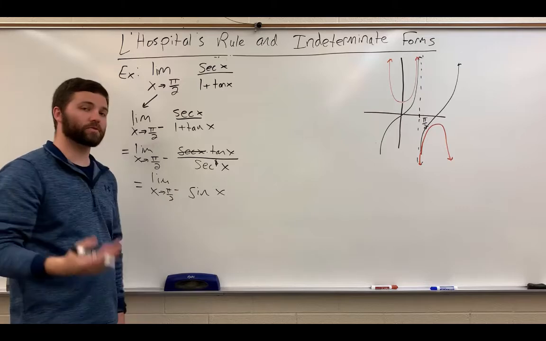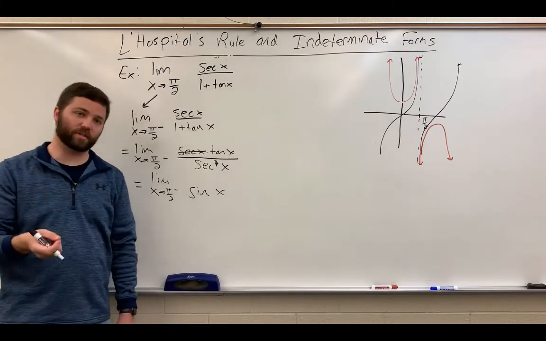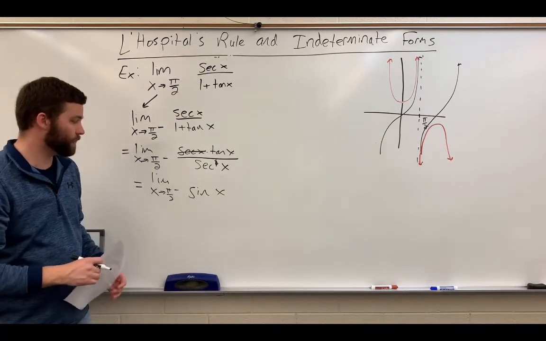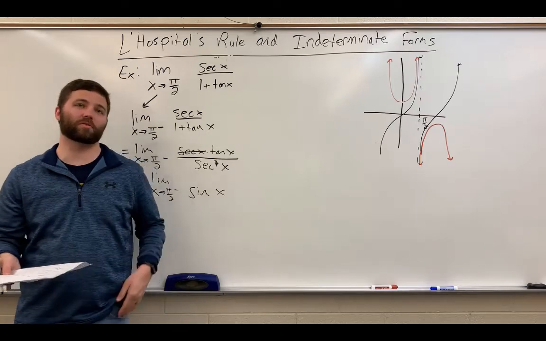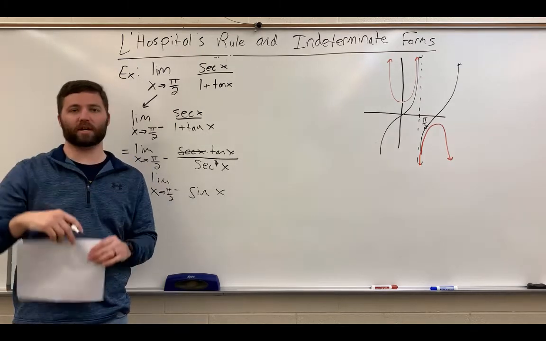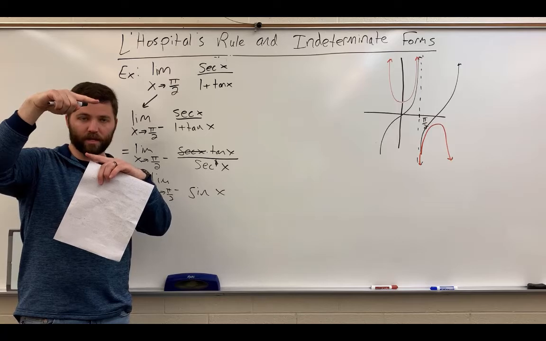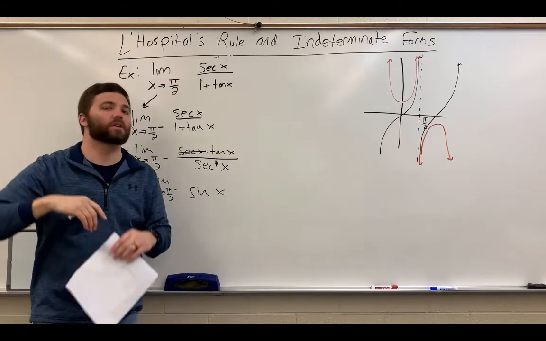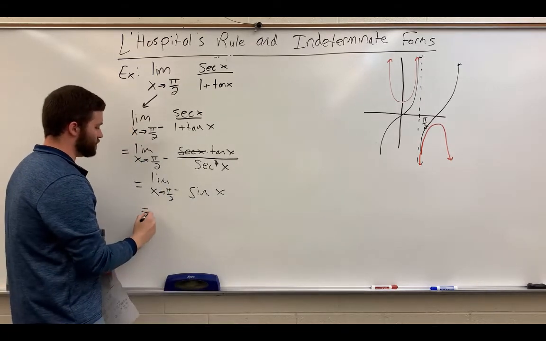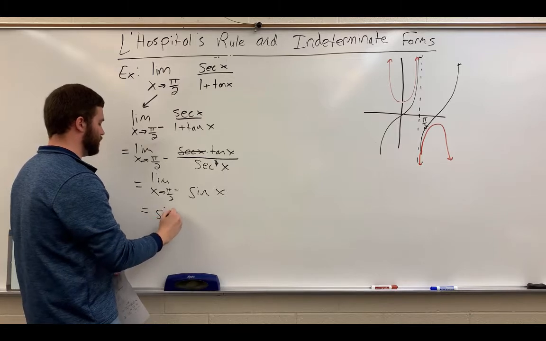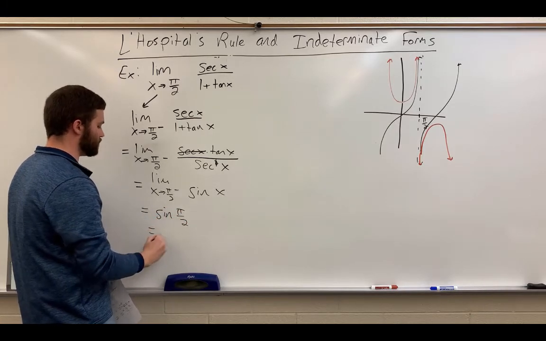Now I've done some simplifying, I can use direct substitution, or plug in pi over 2. The sine of pi over 2, if you think about the unit circle, that's the vertical distance on the unit circle. At pi over 2 it's 90 degrees, so that will be 1. So I will get sine pi over 2, which is just 1.